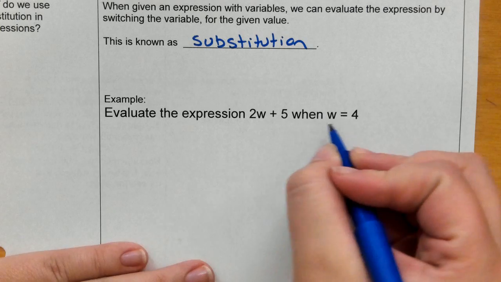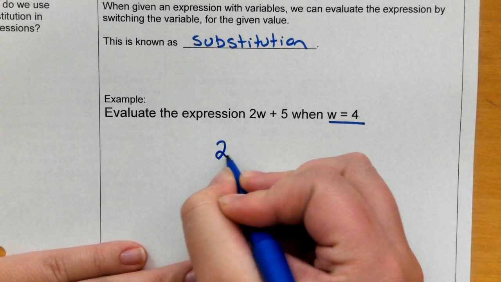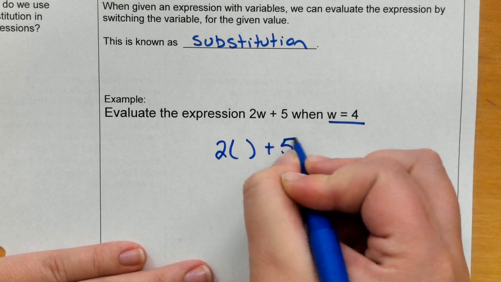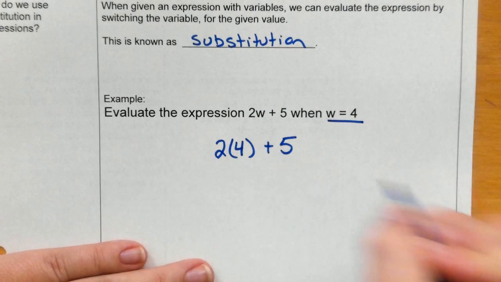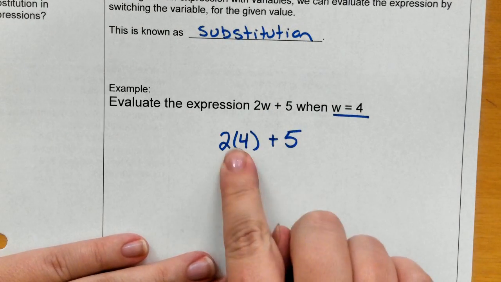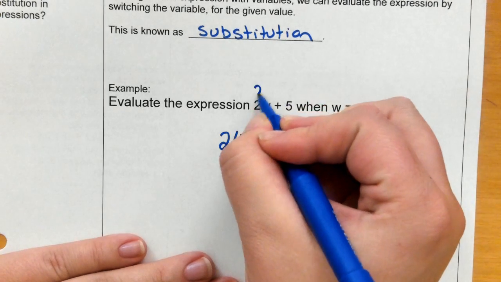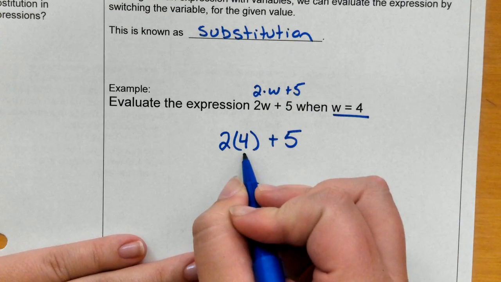So when w equals 4, when I go to switch that in for w, I have 2w plus 5. Well, w is 4, so I'm going to put a 4 in there. This was 2 times w, right? 2 times w plus 5.